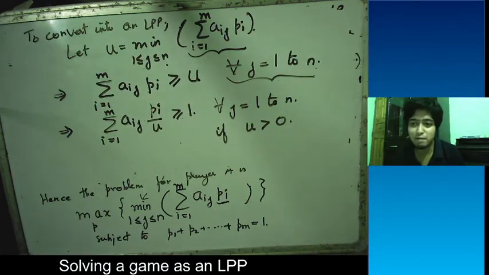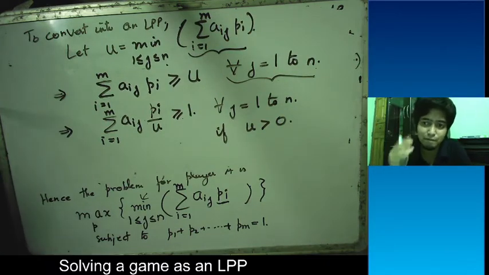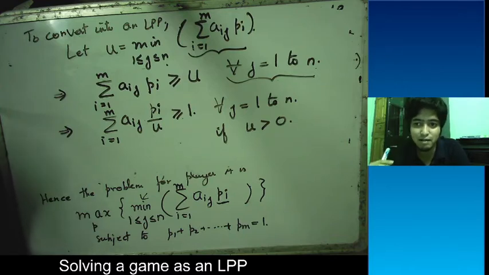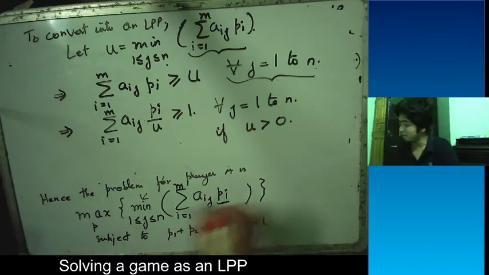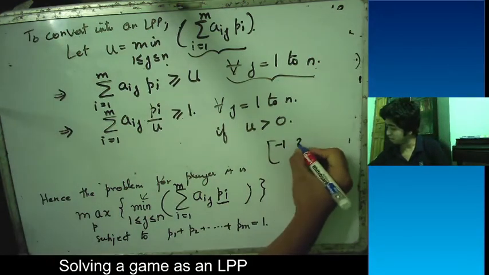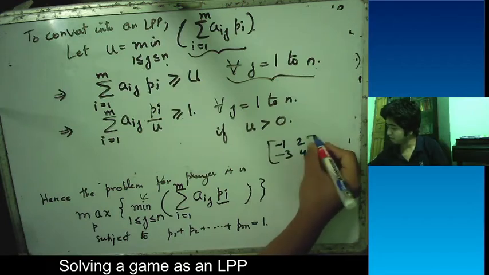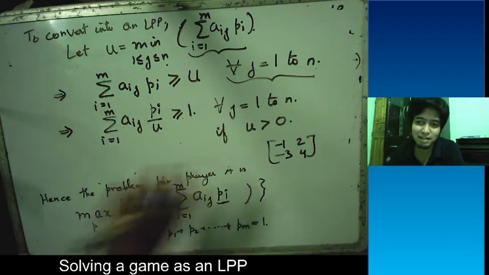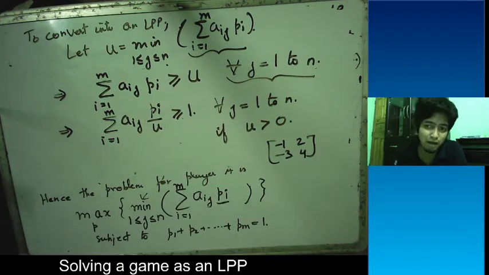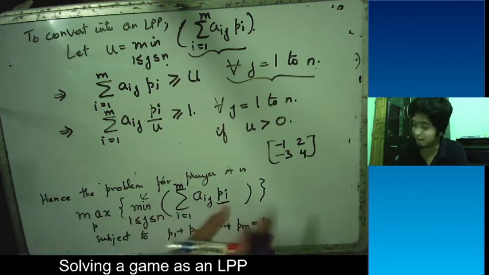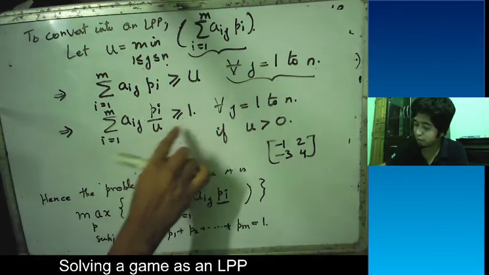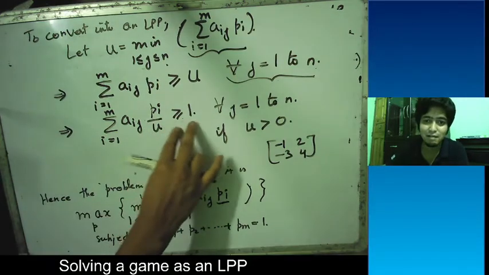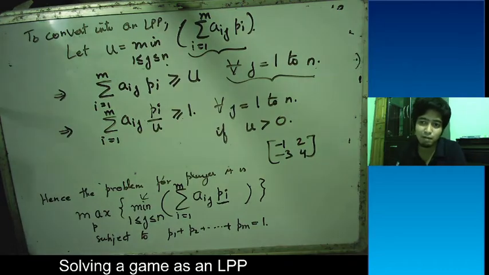But you must remember this: the minimum payoff depends upon the payoff matrix. If there are some negative entries, for example maybe -1, 2, -3, 4, the minimum payoff for player A can easily be a negative number. How do we avoid a negative number, because here we want to divide by something positive?